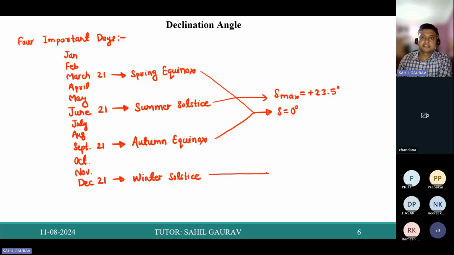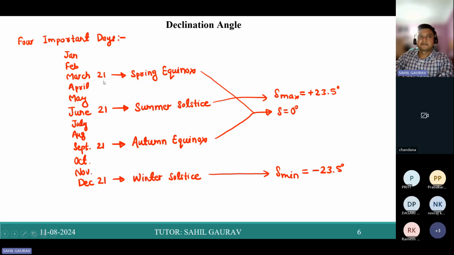And for the winter solstice, the declination angle is minimum, that is minus 23.5 degree. So these 4 days we have to keep in mind. These are very helpful while we solve problems.